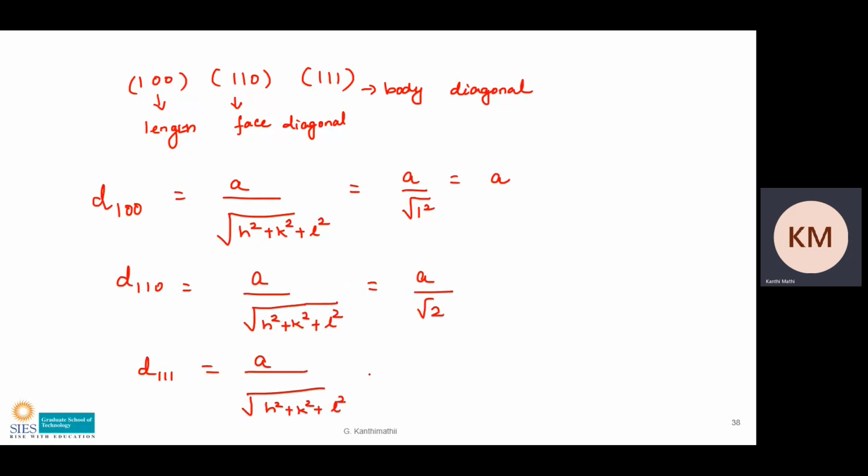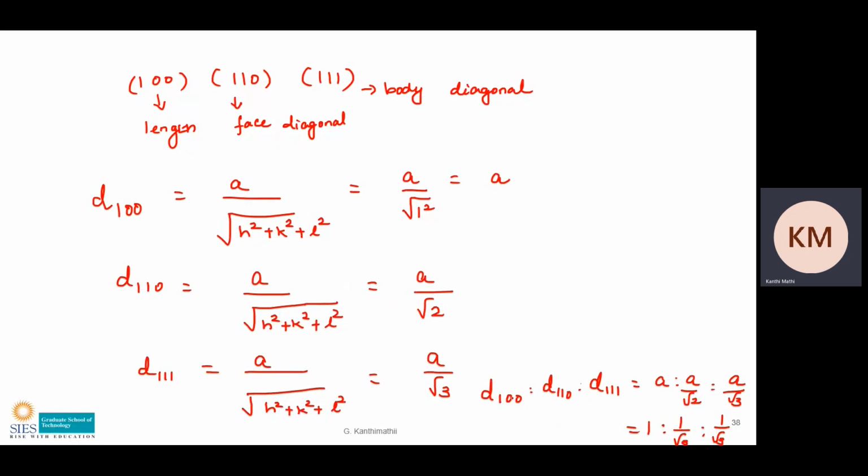So 1 square plus 1 square plus 1 square, it is nothing but A by root 3. So if I find the ratio between D100, D110 and D111, it is A is to A by root 2 is to A by root 3, or I can write this as 1 is to 1 by root 2 is to 1 by root 3.